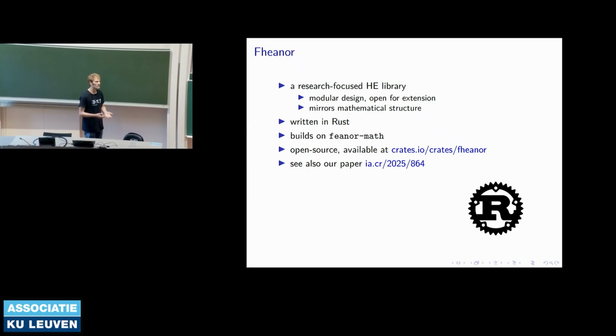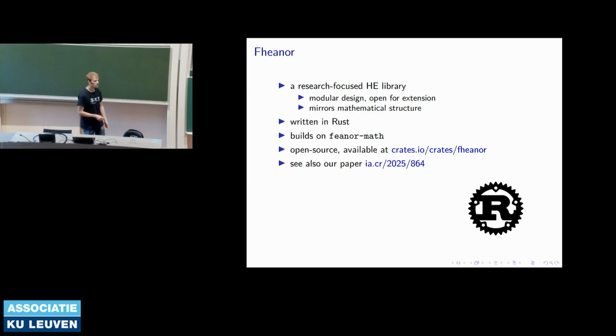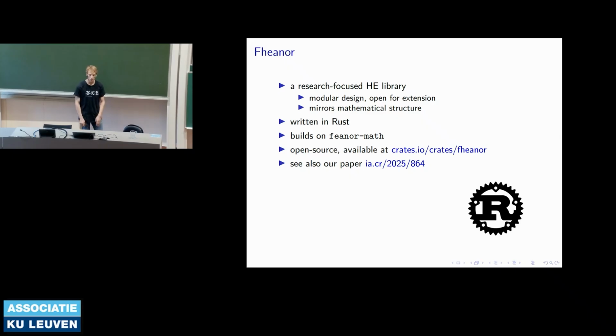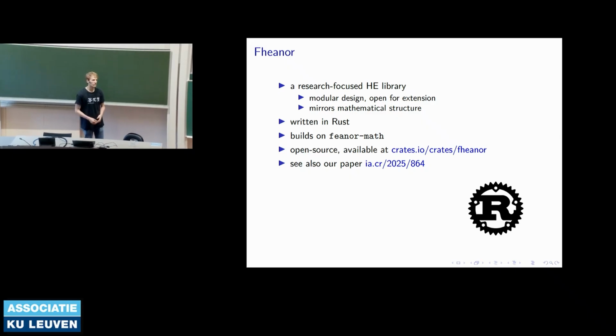That's basically because the design is quite closed. As opposed to that, Fheanor has a very open modular design, which should be open for extension, open for experiments, open for modifications, and it mirrors the mathematical structure that underlies all of the HE schemes that have currently been developed.